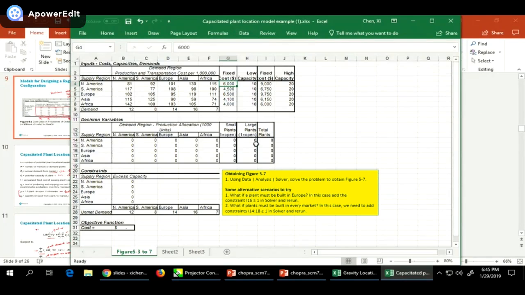Okay. So before we use the solver, we need to prepare and build these optimization equations in this Excel worksheet. So first of all, we need to define our decision variables. The decision variables are xij's and yi's.